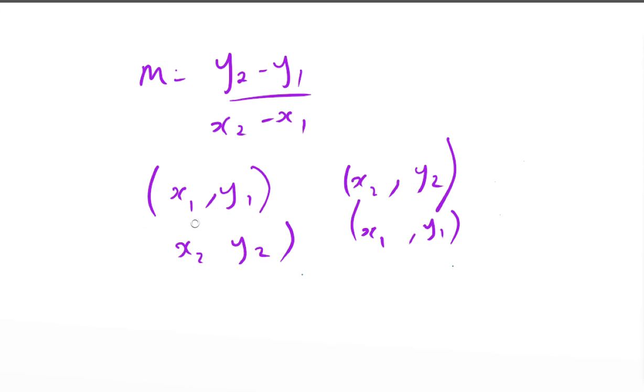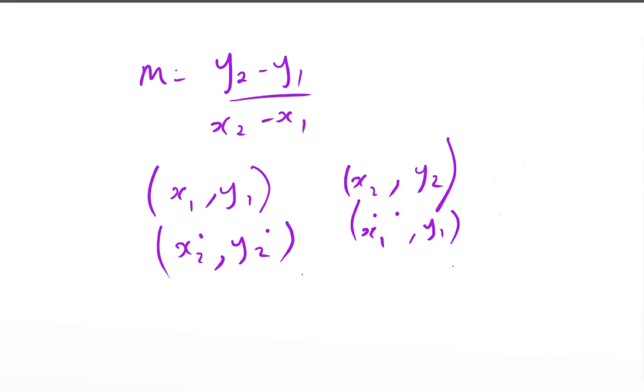Makes no difference which one I've called coordinate 2 and coordinate 1. But what does make a difference is if I call this one x2 and then y1. What you must do, and what you must make sure you do every single time, is that you keep it consistent. So if I'm doing this coordinate minus this one for y, then I must also do this one minus that one for x. Don't swap them around because you won't get the right answer.